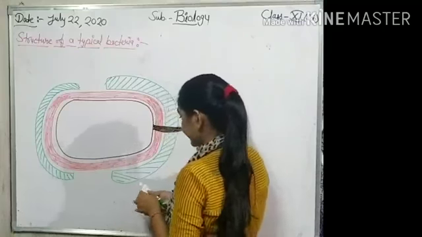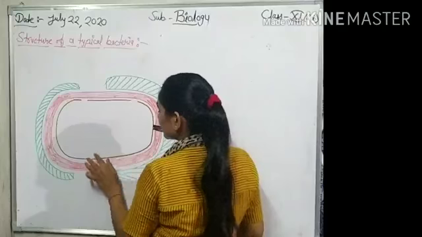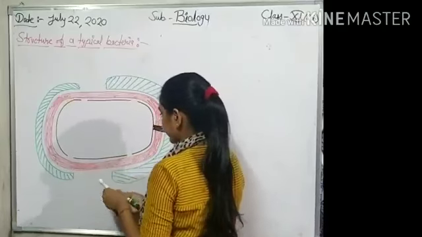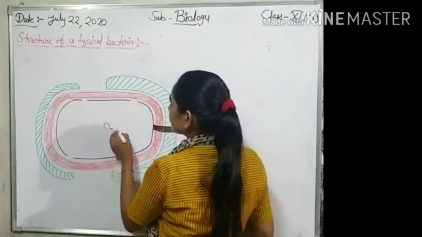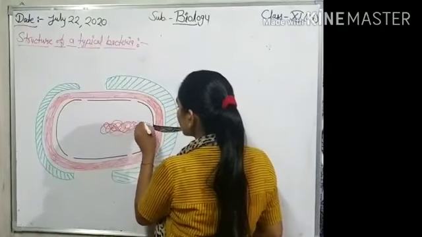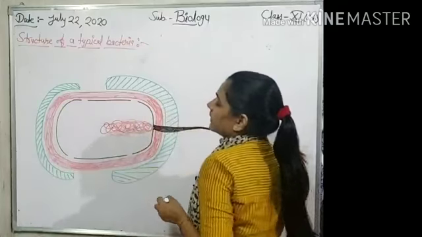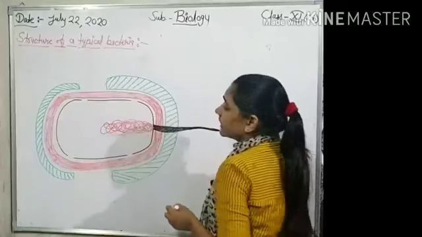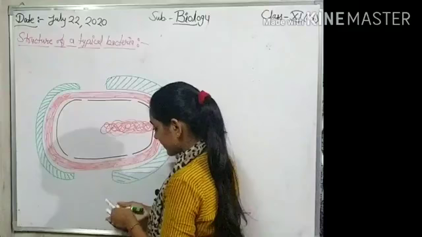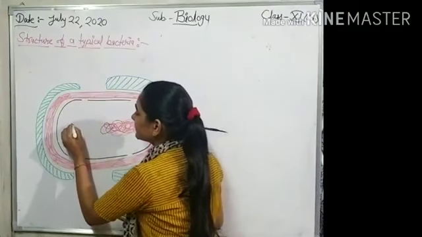Nucleoid DNA is present in the cytoplasm, which is attached to the plasma membrane.